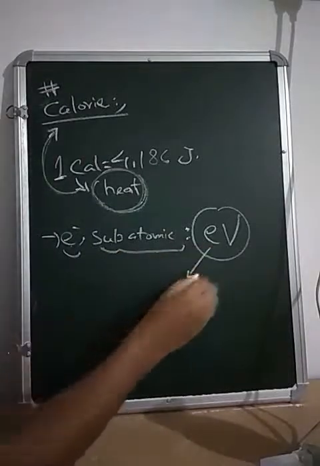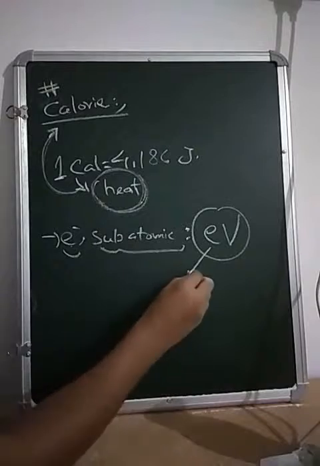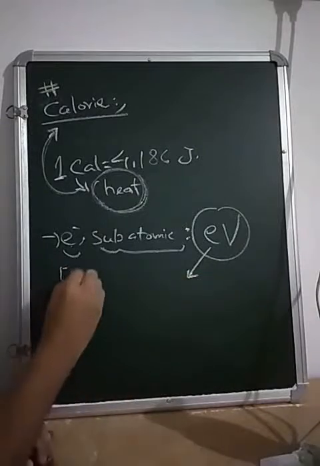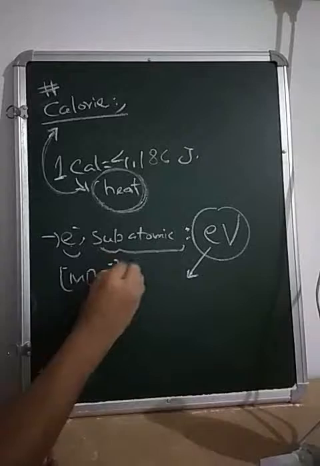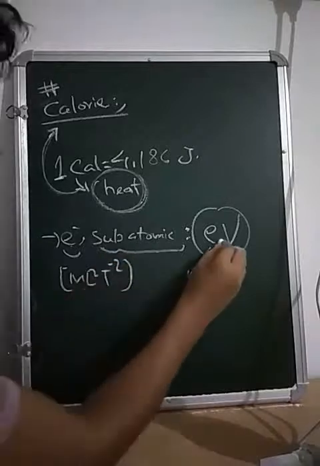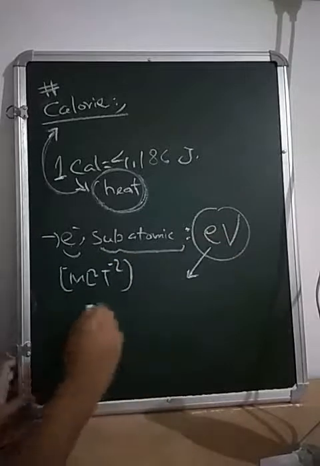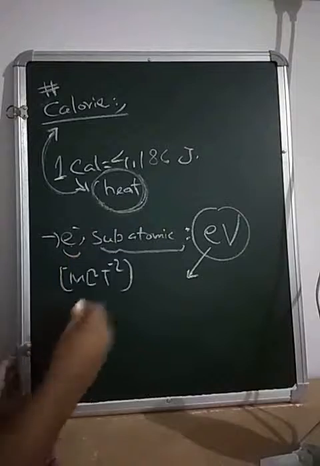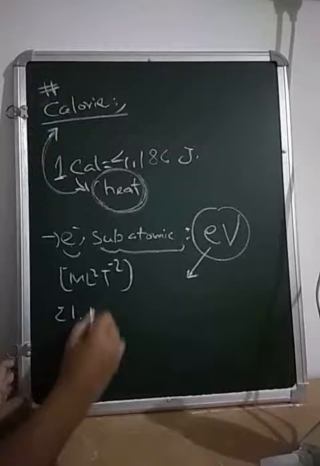If we see the dimension of electron volt, it is the same as energy, ML squared T to the power minus 2. When we discuss the dimension of electric potential, what is it? Work by charge.